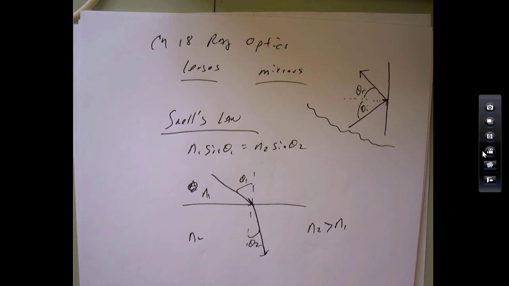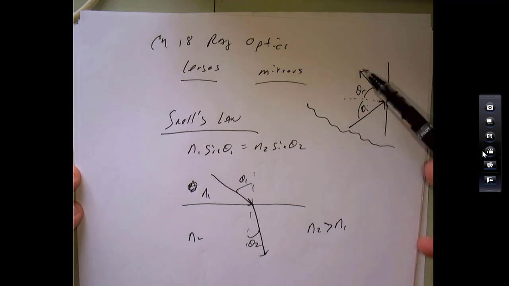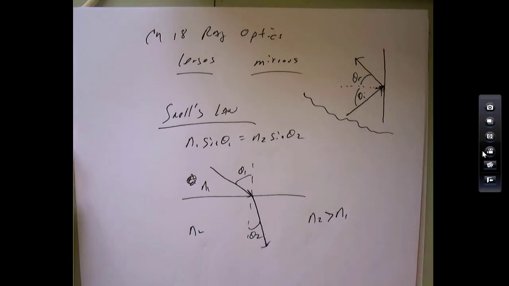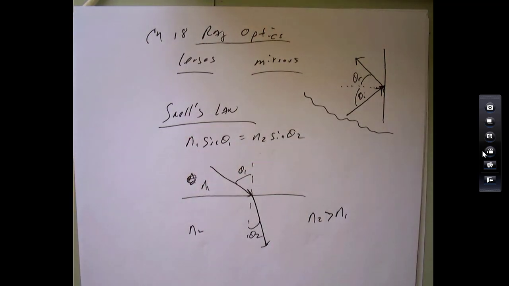That's why I usually call it geometric optics, but ray optics is probably a better way of thinking about it. Usually we just think this is a ray going that way, this is a ray going this way, but really these things have their electric field part, their magnetic field part. It's just when we look at them in this macroscopic way, the wave behavior is not coming out. This is the ray behavior being exposed. Okay, so I digressed a little bit. This is reflection. Snell's law is refraction.